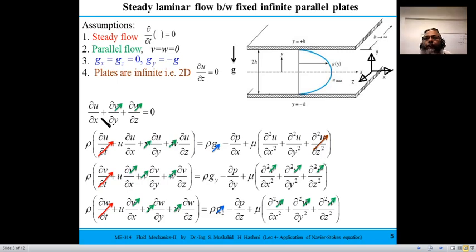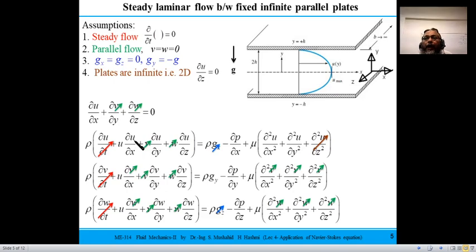So you end up with so many terms cancelling out. And the next, you get rid of 2 more terms, because you know the velocity is no more changing in z, but velocity is changing in x and velocity is changing in y.